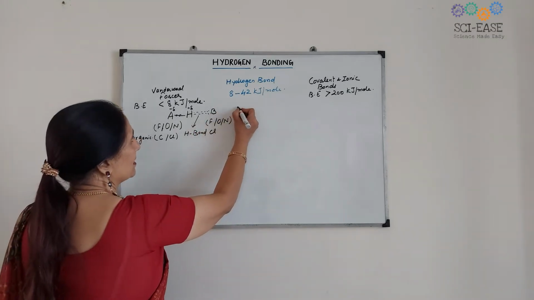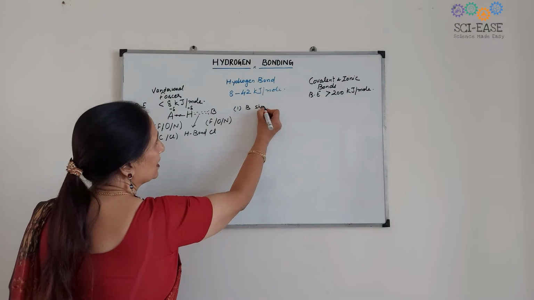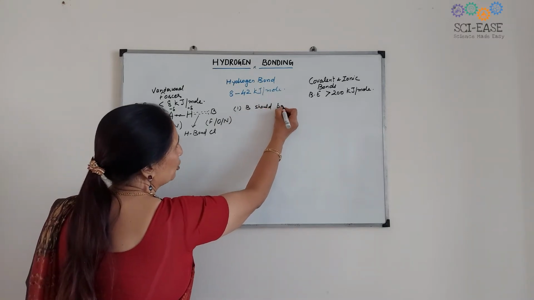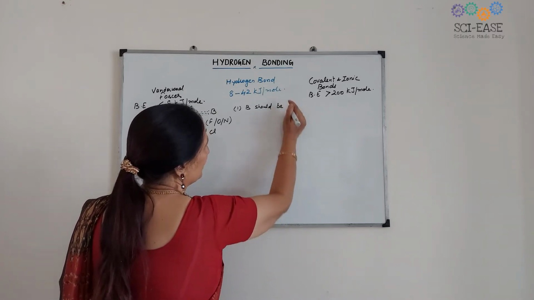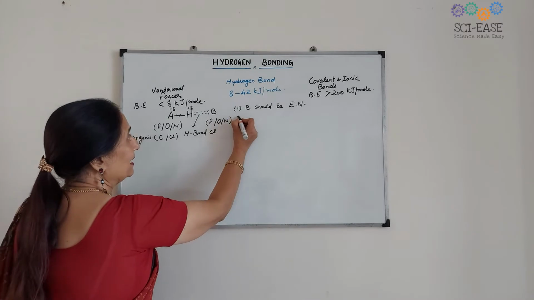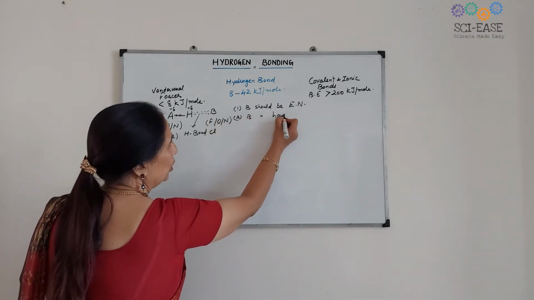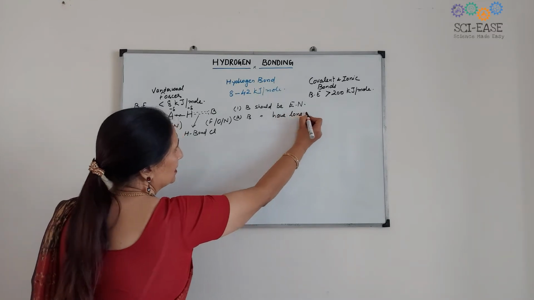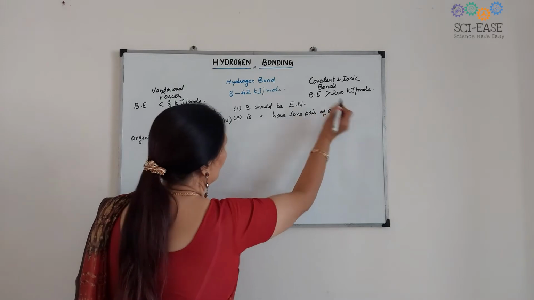First thing is that B should be an electronegative element. Second, B should have a lone pair of electrons.